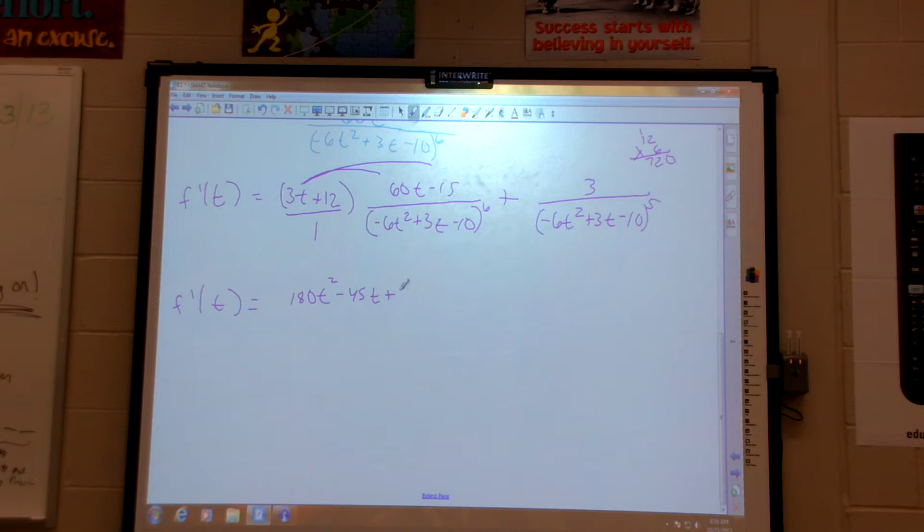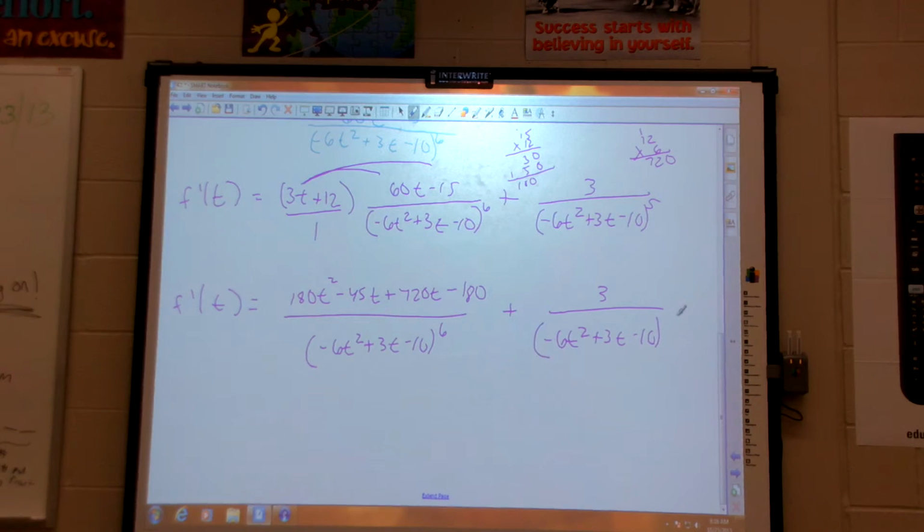Times 20? Minus, let's do 15 times 12. And carry the 1, 3, 0, 5, 1. 180? Yeah? That is all over negative 6t squared plus 3t minus 10 to the 6th. Plus 3 over negative 6t squared plus 3t minus 10 to the 5th.